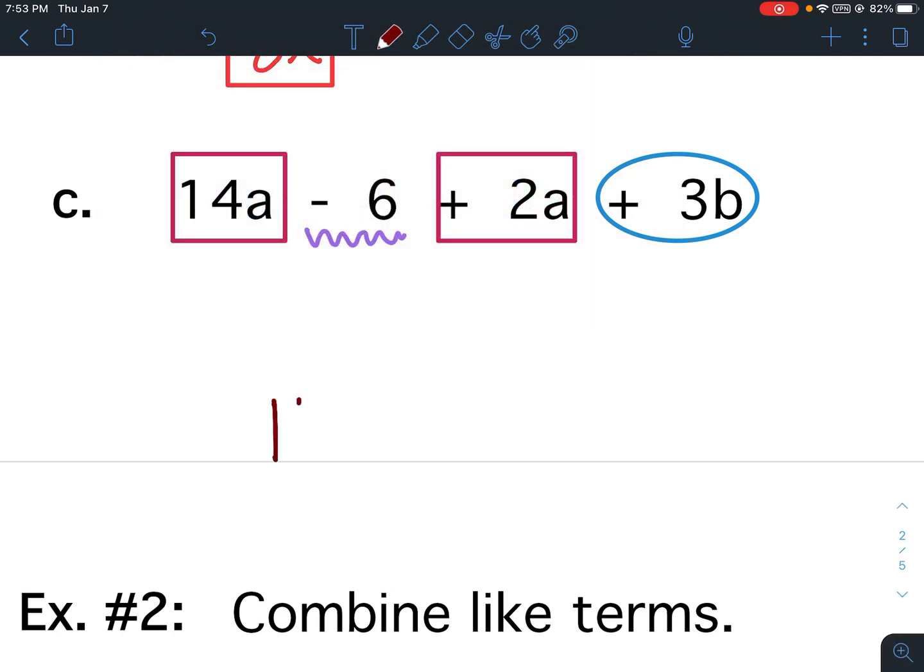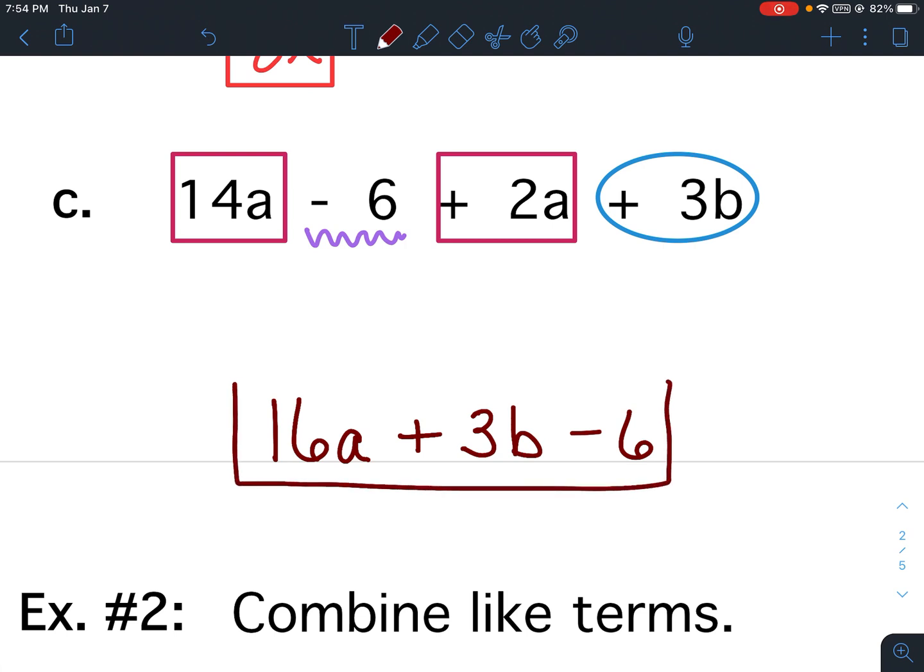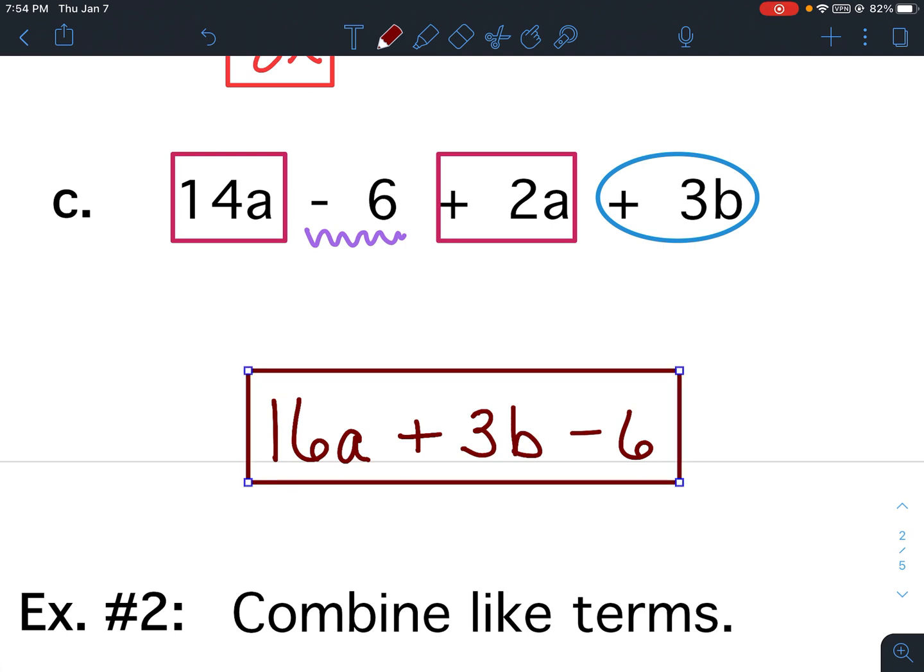So this would be 16a. Again, there's nothing to combine with the b term, so that would be plus 3b. And nothing to combine with this constant term, so I just bring that down as minus 6. And these would be equivalent expressions. So this expression here is equivalent to that expression down there.